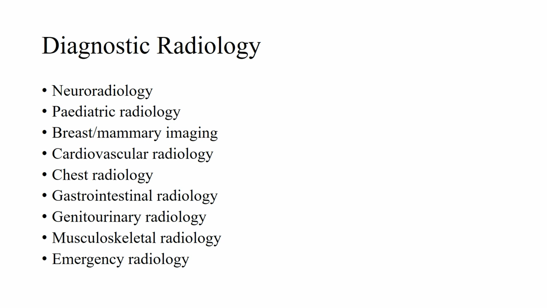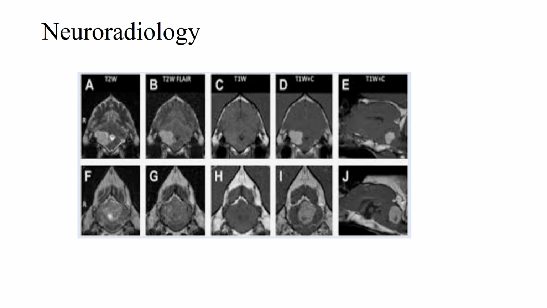The genitourinary system includes the reproductive organs, including the urinary bladder, so that is designated as genitourinary radiology. Musculoskeletal radiology deals with muscles, ligaments, tendons and bones. Emergency radiology deals with accidents or traumatic interventions.